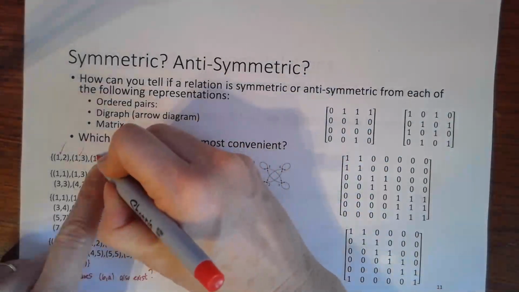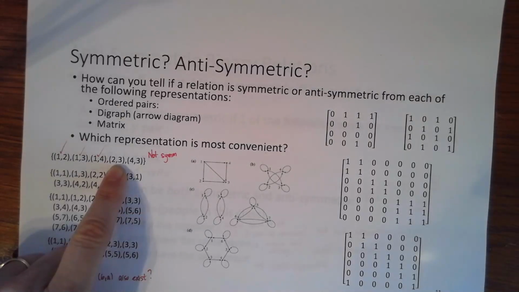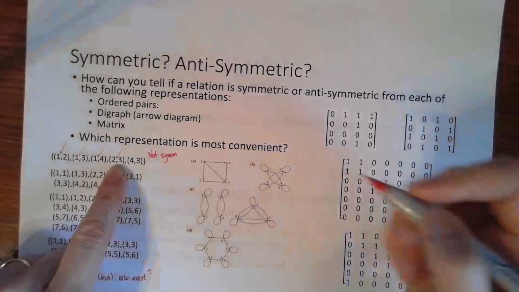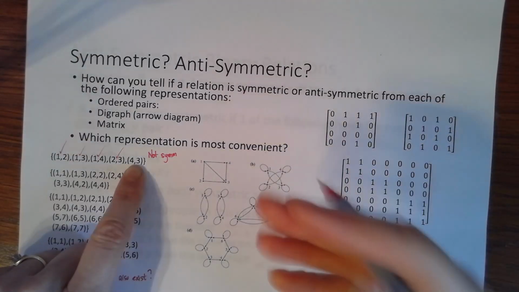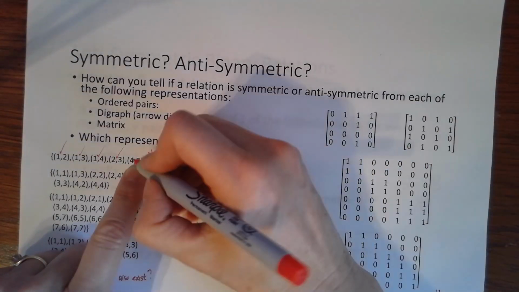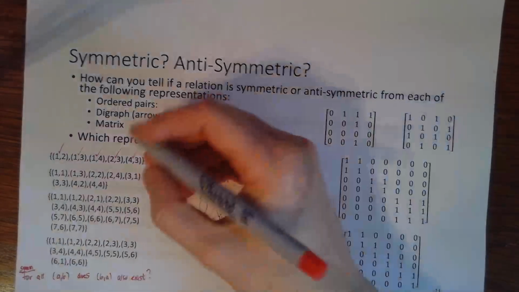Nope. That's good. 2, 3 exists. Does that mean there's no 3, 2? There's no 3, 2. That one works. And there's 4, 3. Does that mean 3, 4 doesn't exist? There's no 3, 4. So for every AB that existed, BA did not exist. That worked out every single time, so this one is anti-symmetric.